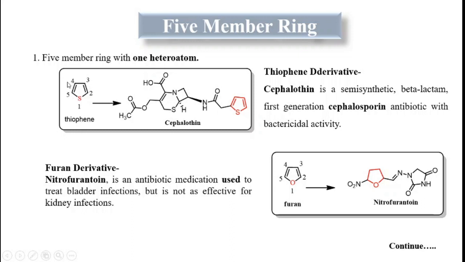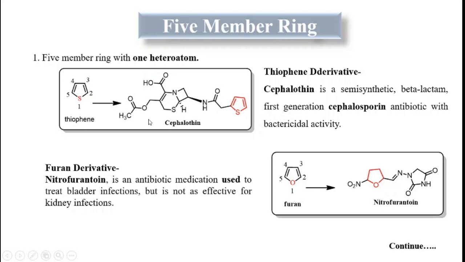OLE is a suffix of that ring because the double bond is present here. That means it is a fully unsaturated compound with the presence of sulfur, and the numbering is 1 2 3 4 5. That's why it is also called thiole or thiophene.